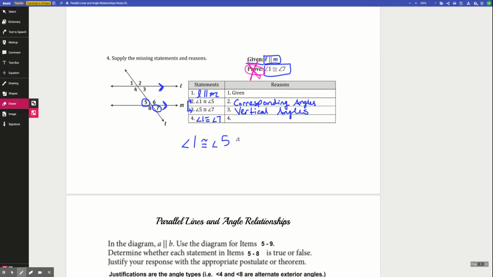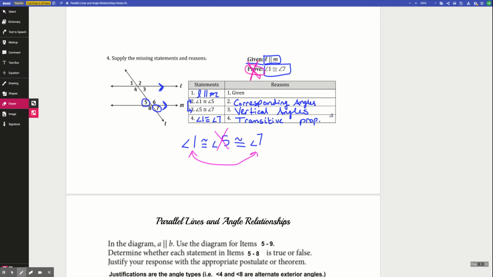Angle 1 is congruent to angle 5, which is congruent to angle 7. So you can write them in a chain. That's your middleman property: you can cut out the guy in the middle and say that these two on the outside are equal, or congruent to each other. If we remember what that's called, that is the transitive property.